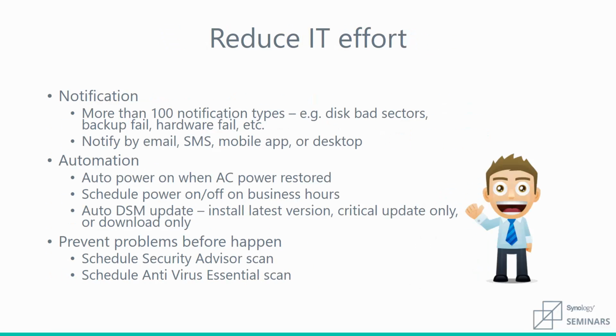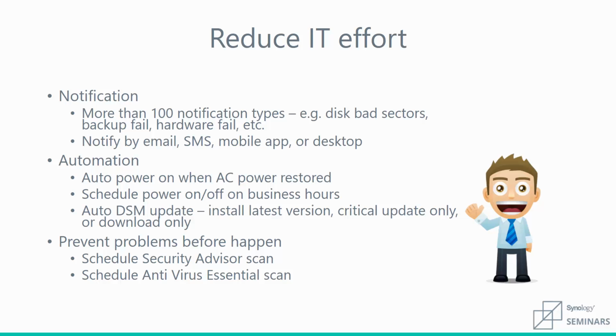So moving away from CloudStation ShareSync, Synology NAS devices offer three main ways to reduce your IT effort as your fleet of servers grow: notification, automation, and prevention. We offer more than 100 notification types, ranging from bad disk sectors to backup fail to a hardware fail. The list goes on and on.